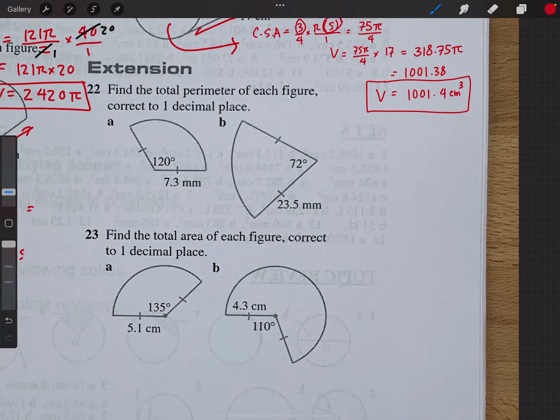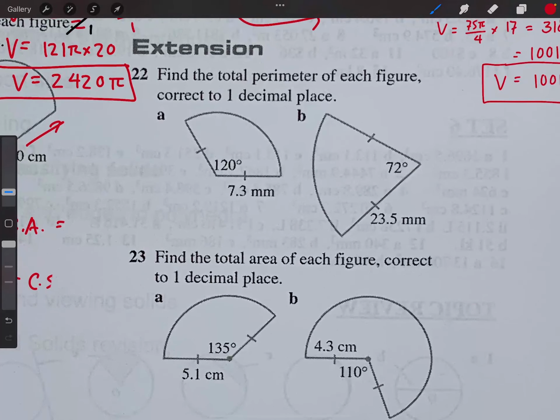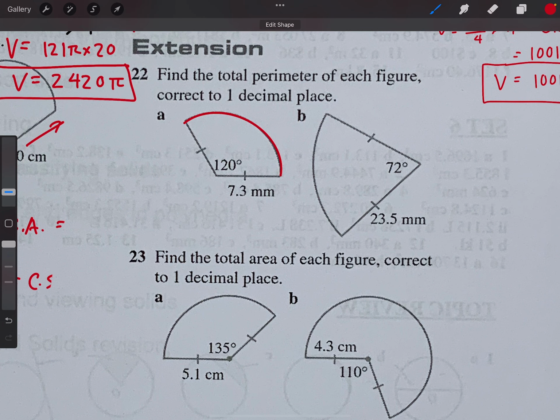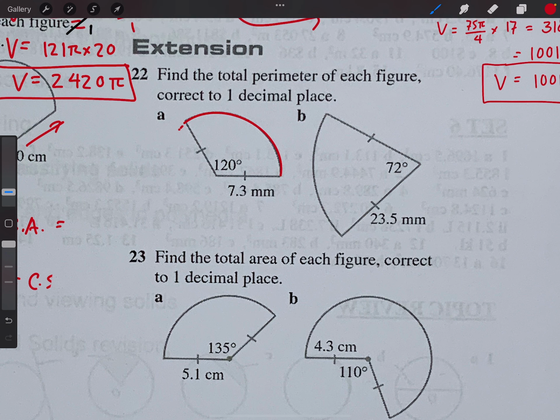Alright, now it says find the total perimeter of each figure correct to 1 decimal place. Perimeter, okay. We're gonna find the perimeter of this shape, so we need to find this part of a circle. We need to know what fraction of the whole circle this arc represents.